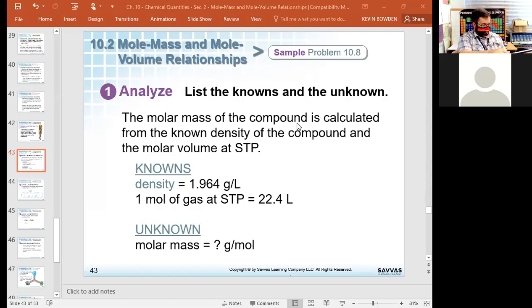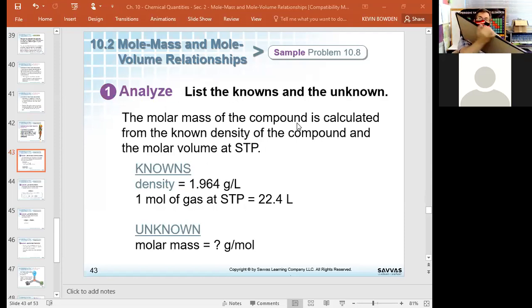If I put in the numbers, it'll be such and so many grams per liter times such and so many liters per mole. Grams per liter times liters per mole: the liters will drop out, and I will get grams per mole. You see how that works?